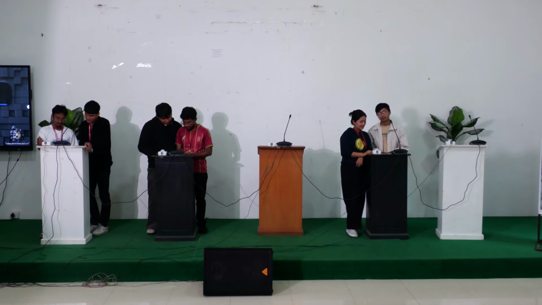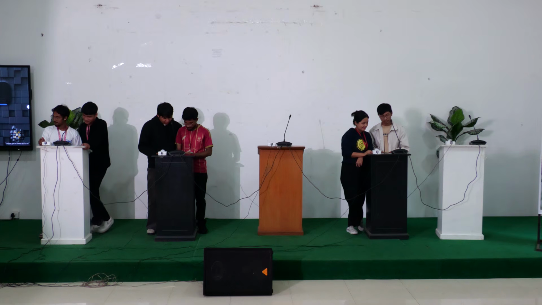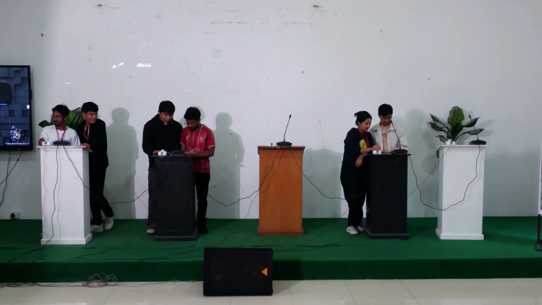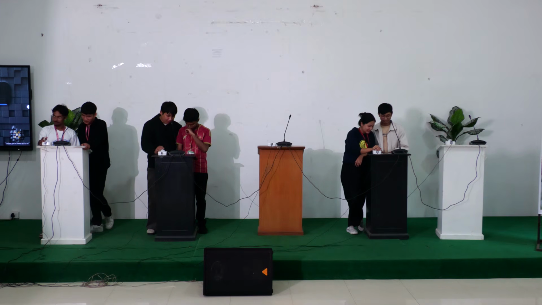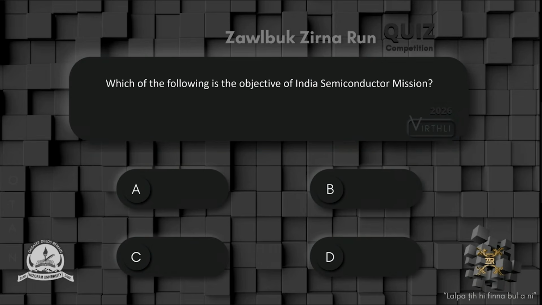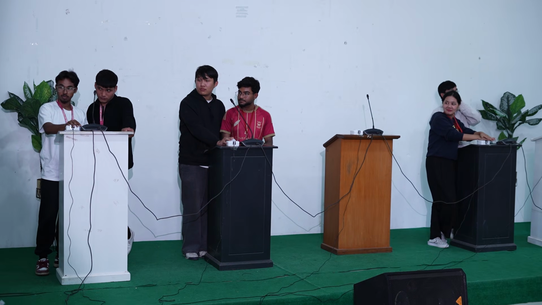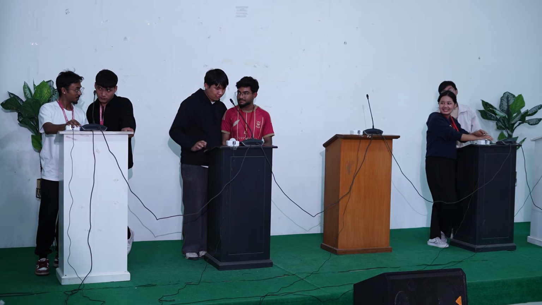Alright. This is your next question, okay? Be calm, okay? Do not panic, alright? And this is your next question. Which of the following is the objective of India's semiconductor mission? Options are A. boost agriculture, B. promote tourism, C. develop semiconductor ecosystem, and D. improve banking. Team 8.